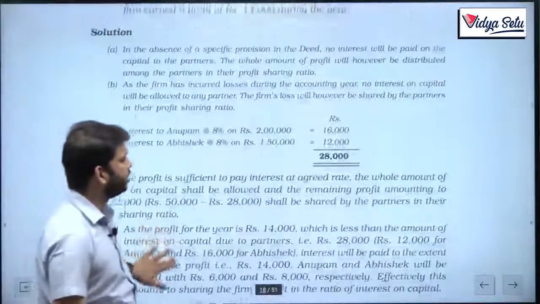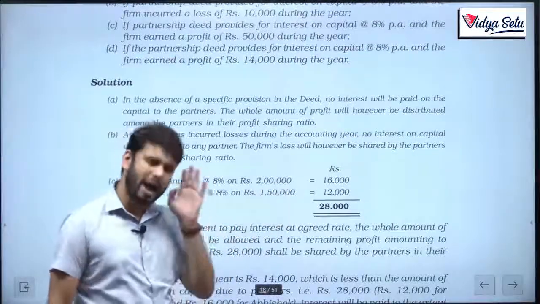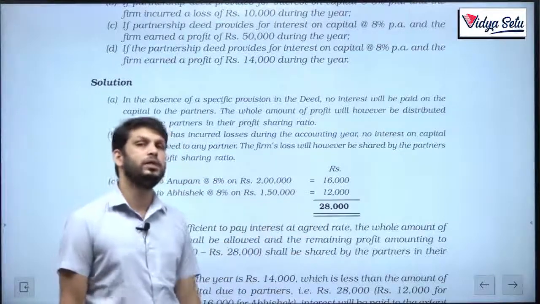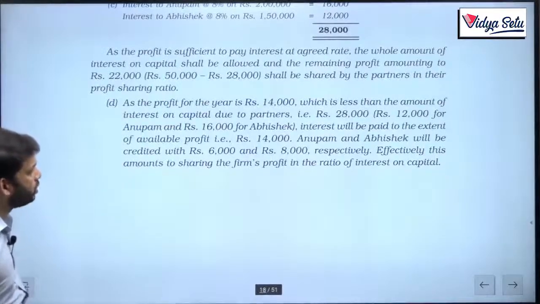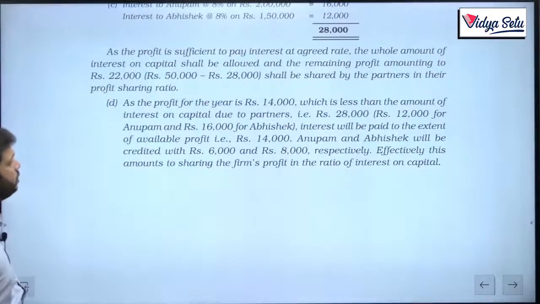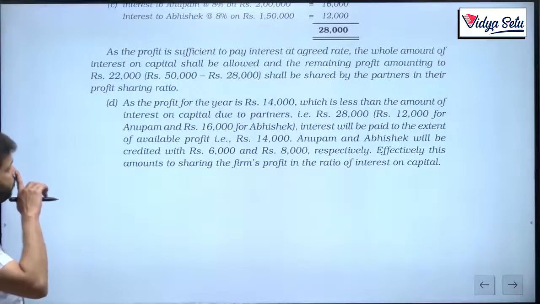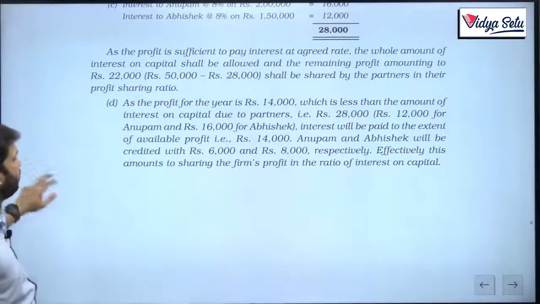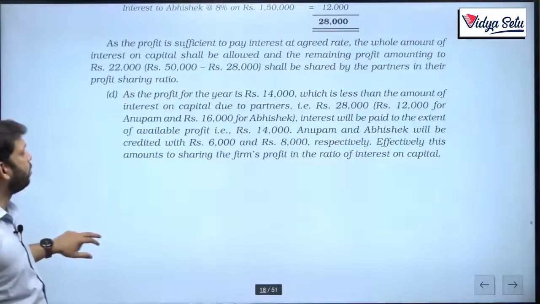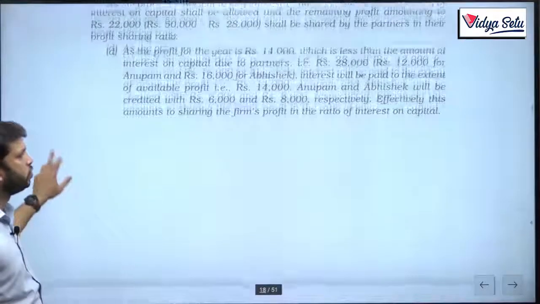As the profit for the year is 14,000, which is less than the interest on capital due to partners, that is 28,000, 12,000 for Anupam and 16,000 for Abhishek, the available profit of 14,000 will be credited to Anupam and Abhishek as 6,000 and 8,000 respectively, effectively sharing the firm's profit in the ratio of interest on capital.